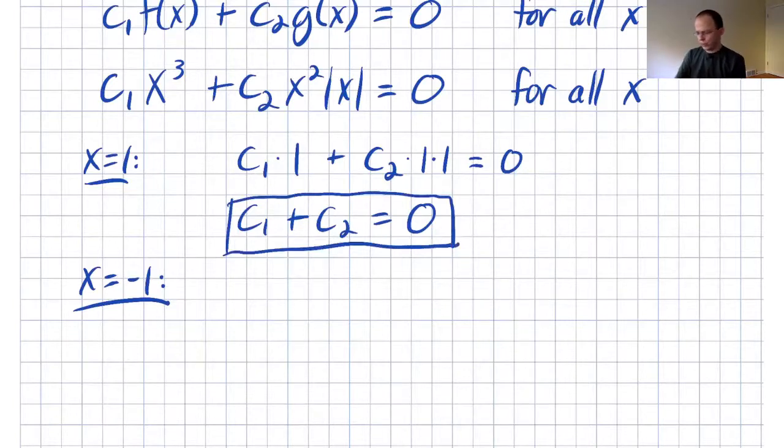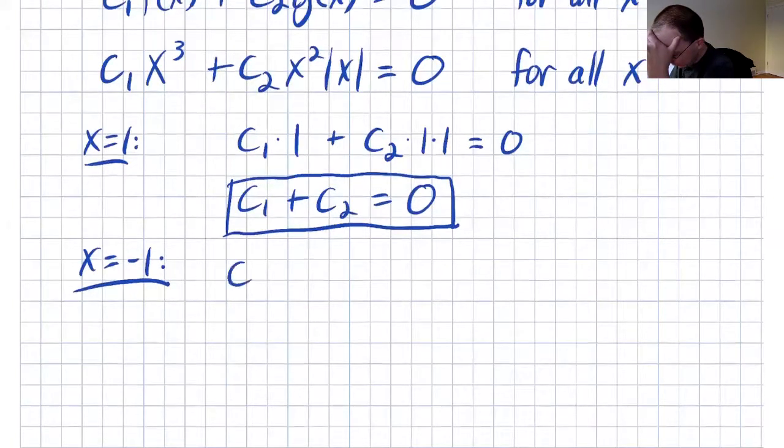If I put 0 in, that's not going to help because that's just 0 plus 0 equals 0. That doesn't give us any information. So I'm thinking about choosing something negative, especially because of this absolute value. The negative may give us more information.